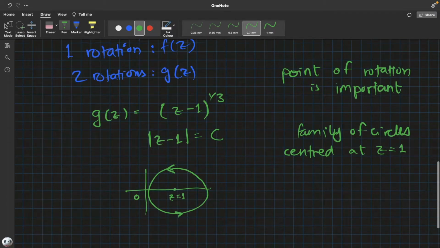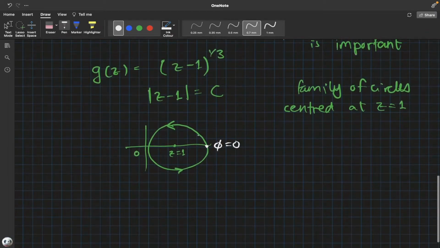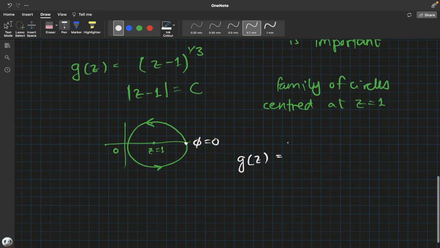Going in the anti-clockwise direction, say here phi equals 0, we have g of z. I'm writing it in the polar form directly.